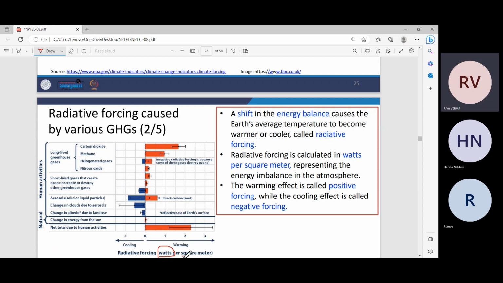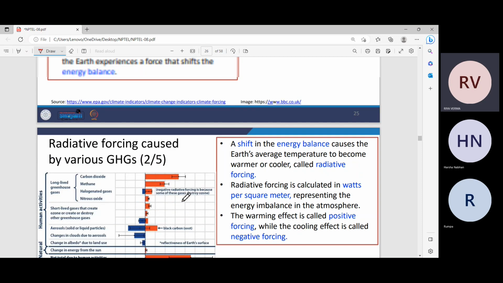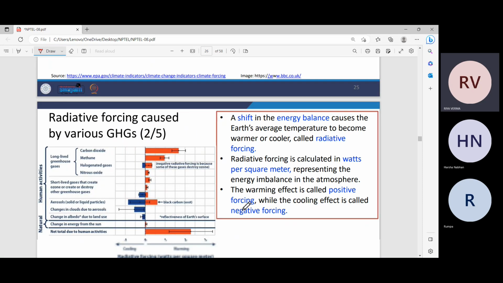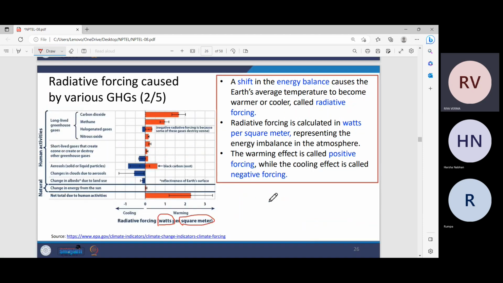The square meter is the area that we are considering for our calculation purposes, because we are finding out this trapping of heat for some specific area, like how much heat is getting trapped by a certain amount of gas for some area.